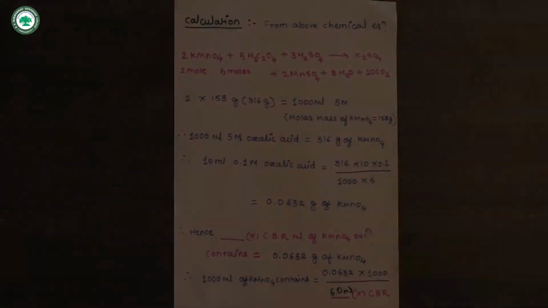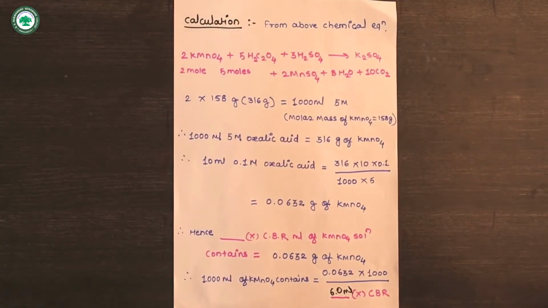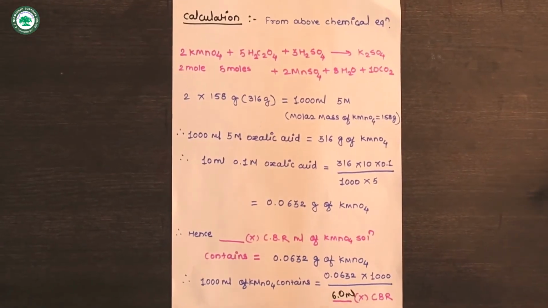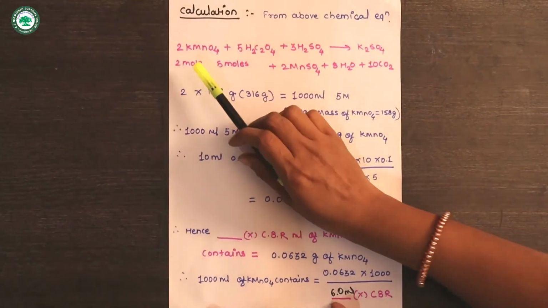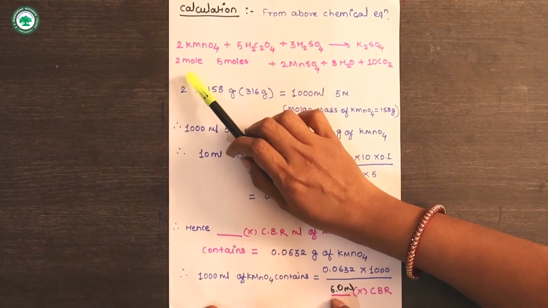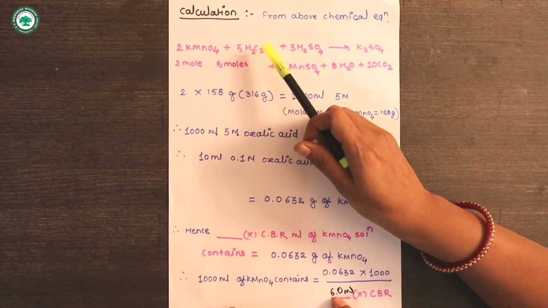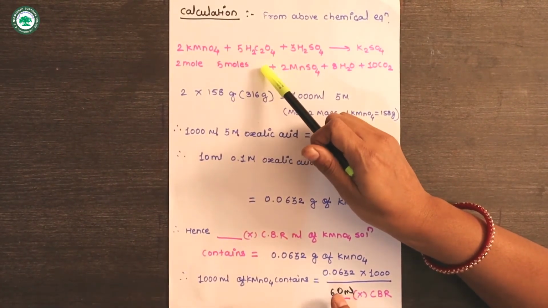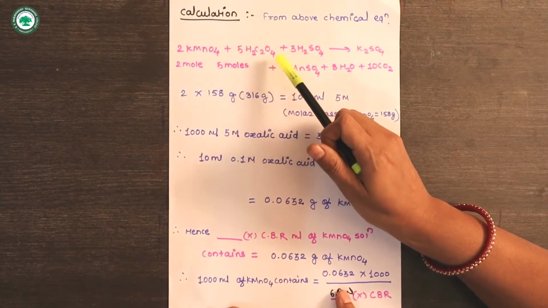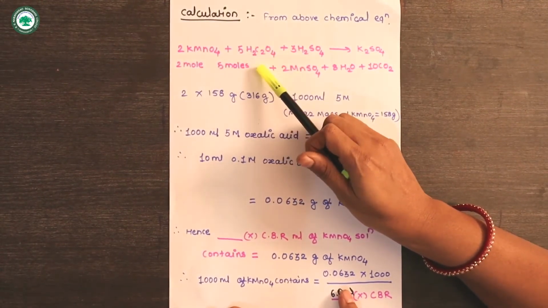Okay. Now it's calculation time. From the above chemical equation, the reaction is 2 moles of KMnO4 solution with 5 moles of oxalic acid, H2C2O4.